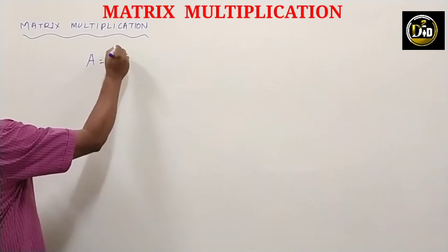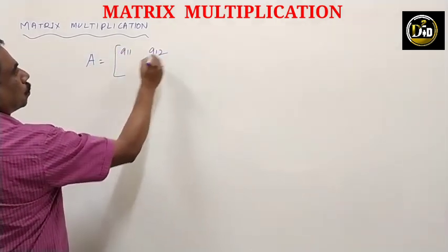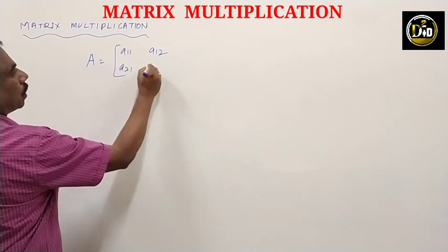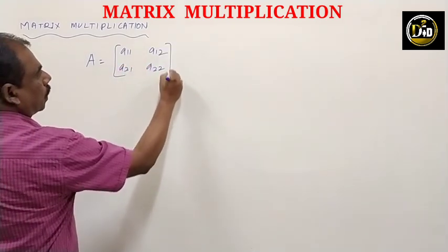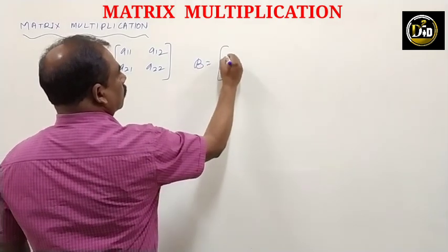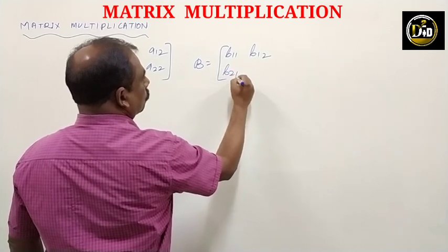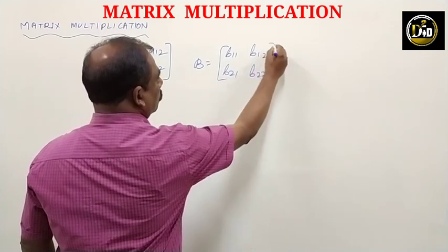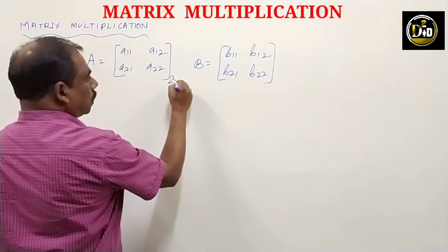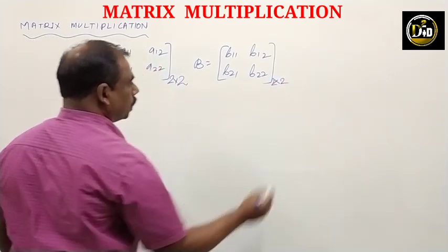Let A be equal to the matrix A11, A12, A21, A22, and B be equal to the matrix B11, B12, B21, B22. We know that the order of these two matrices is equal, that is, 2 by 2.